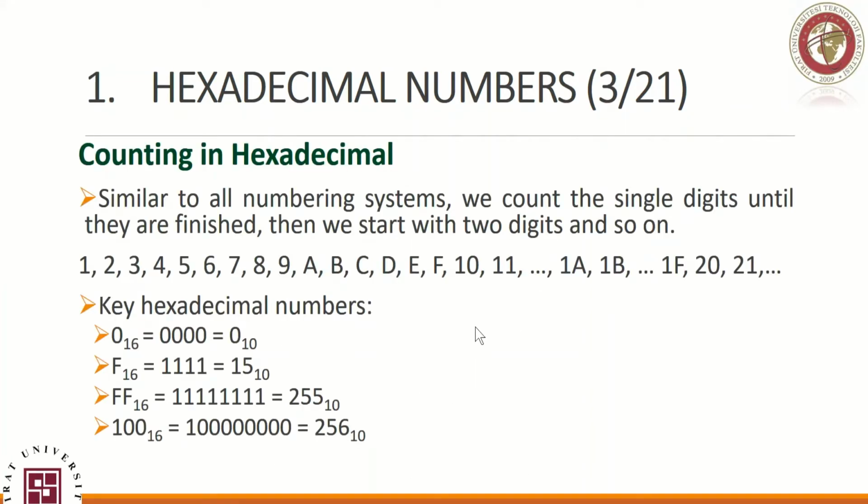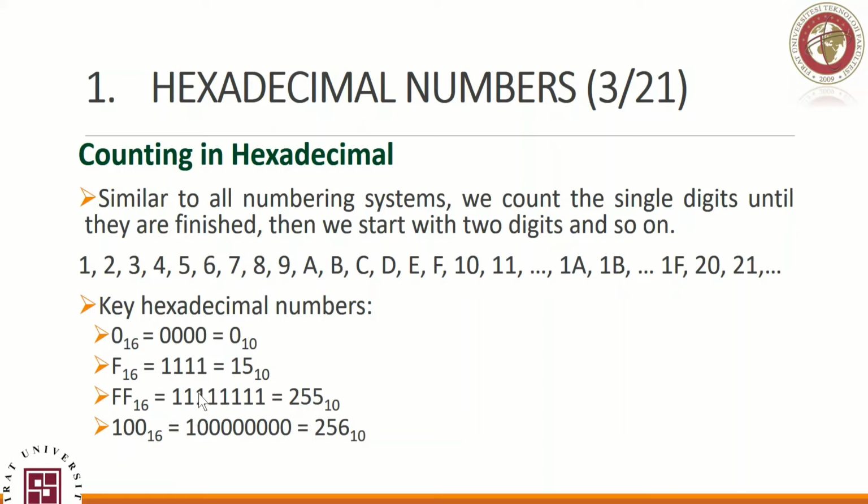Let me explain about those now. As I said earlier, these are key numbers. F, 0, also FF. FF is extremely critical and used widely between binary representation and hexadecimal, memory addressing and so on. FF is actually composed of 8 ones.